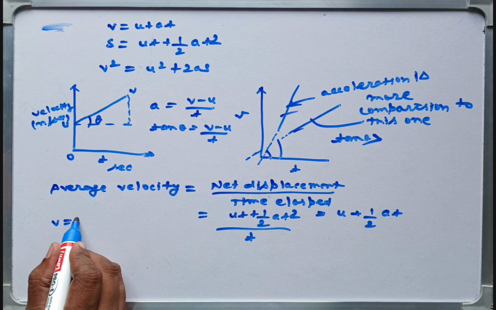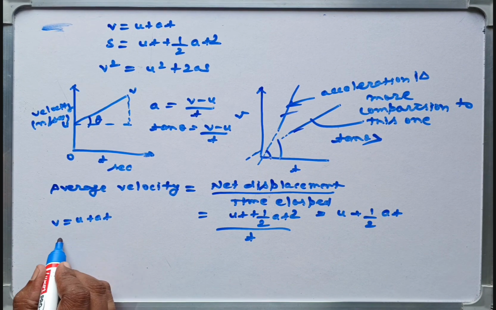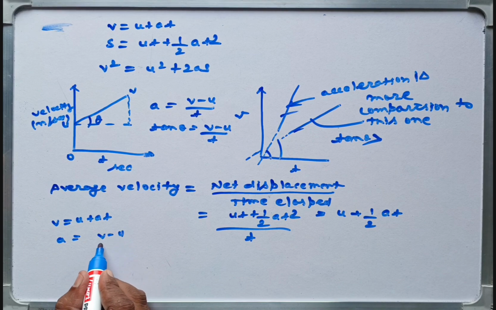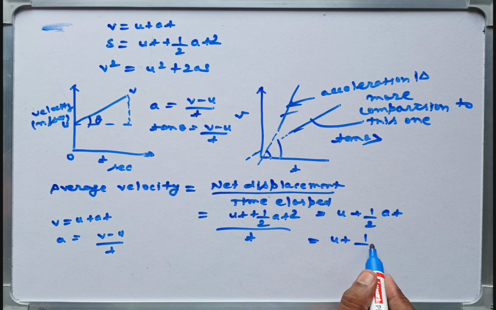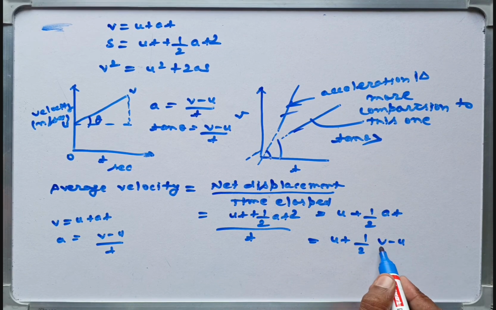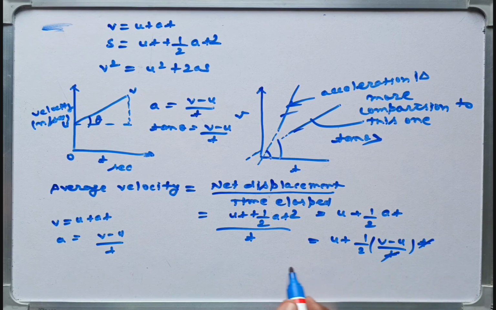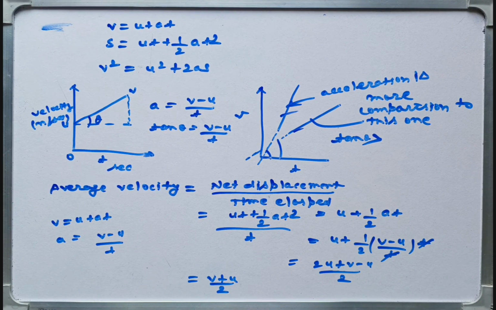You know v equals u plus at, or a equals v minus u by t. Substituting this, u plus 1 by 2 into v minus u by t multiplied by t, t cancels out, so this becomes 2u plus v minus u by 2. So finally, v plus u by 2 gives you the average velocity of an object.